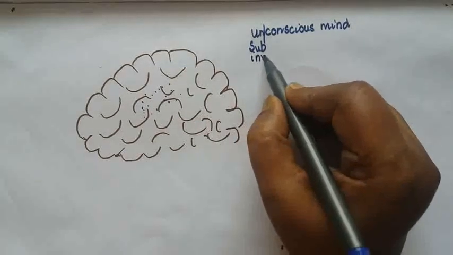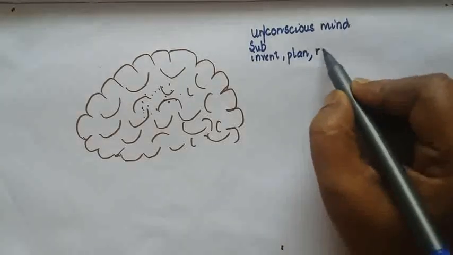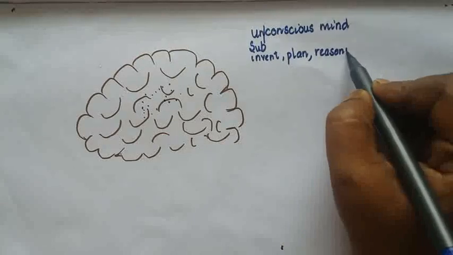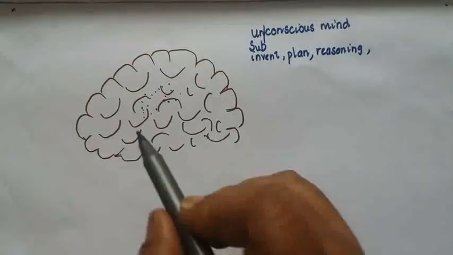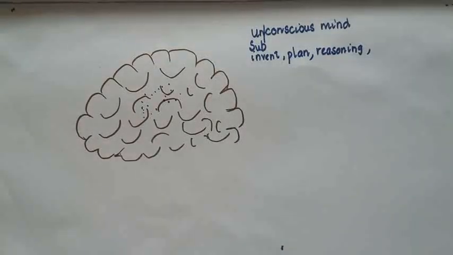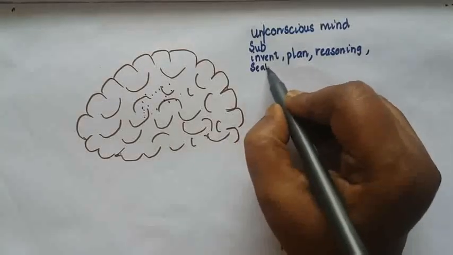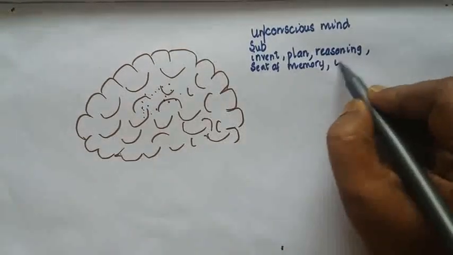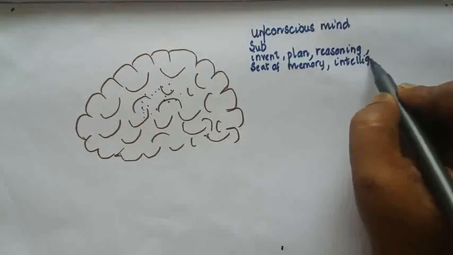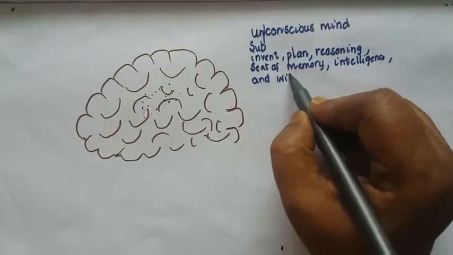It helps us to invent, it helps us to plan various things, it helps us in reasoning, right? We are able to crack a number of competitive exams because of the cerebrum, which helps us in thinking. But in general, if they ask you about the function of the cerebrum, you can say that the cerebrum is the seat of memory, the seat of intelligence, or you can also call it the seat of willpower.